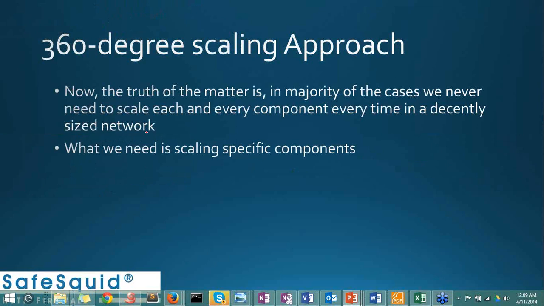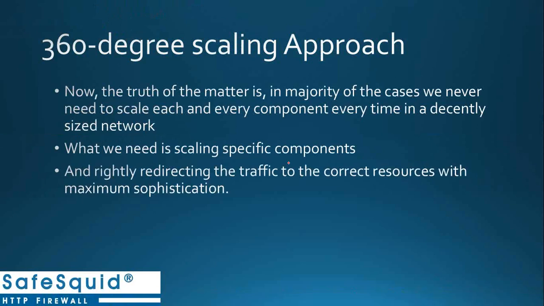So we have a complete 360-degree approach. The truth of the matter is, we just don't need to scale everything every time. What we need is scaling specific components and rightly redirecting the traffic to the correct resource with maximum sophistication. This is something which I am going to talk about in depth in my next slides.